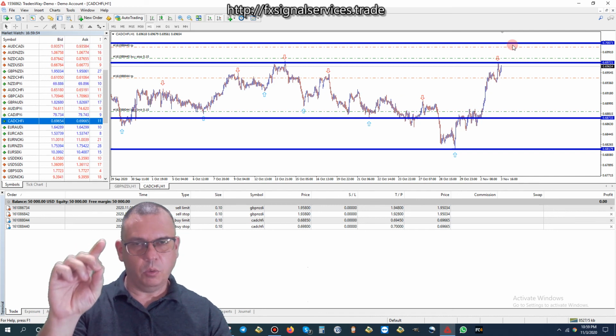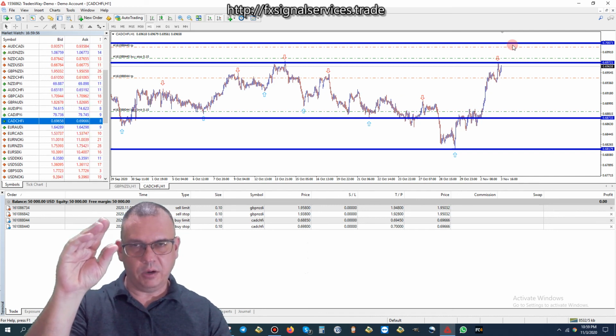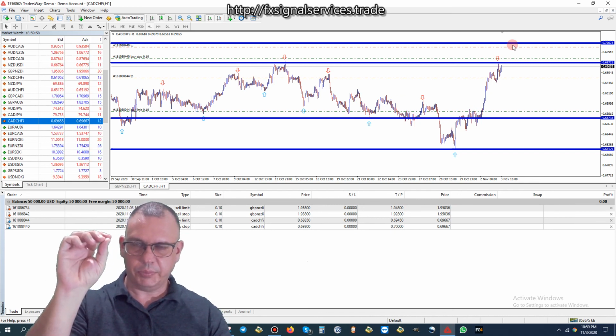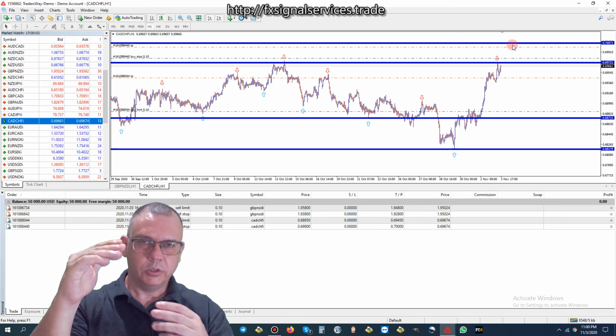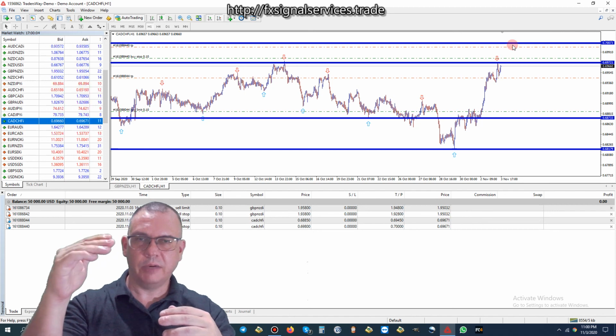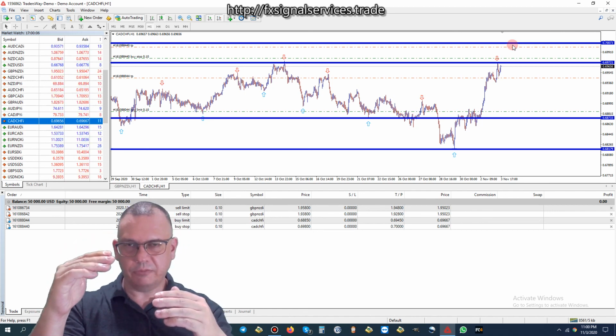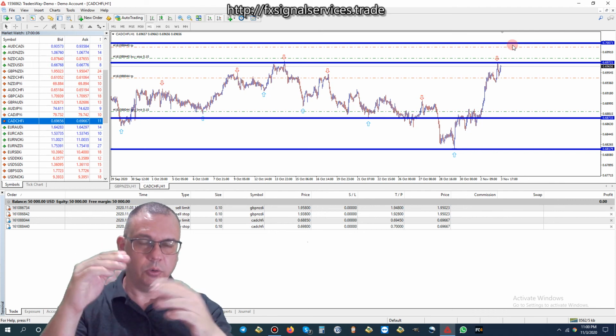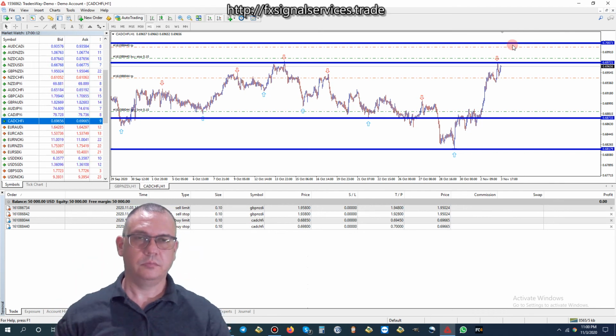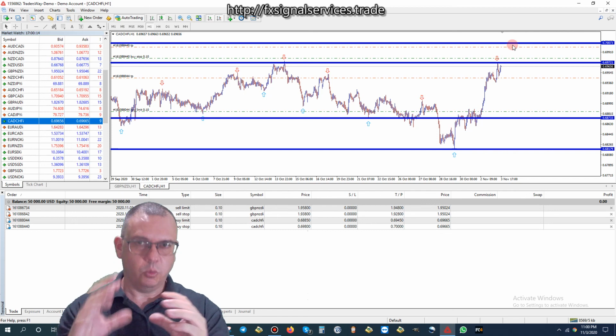If all the signals are showing to sell, for example, I will wait for it to drop and wait for the smaller time frames to show to buy. As long as the bigger time frames show to sell and the smaller time frames show to buy, then I can start playing around, putting limit orders and stop orders both. I'll have something to work with.